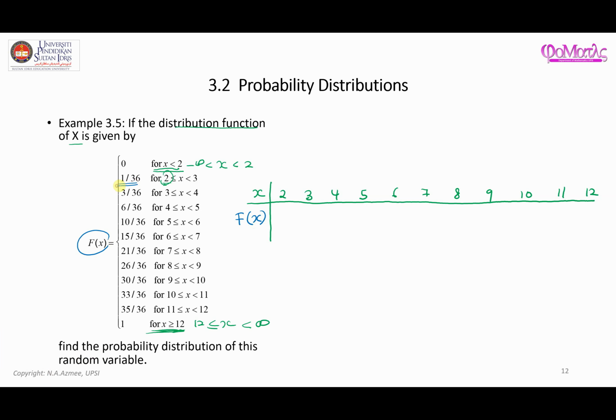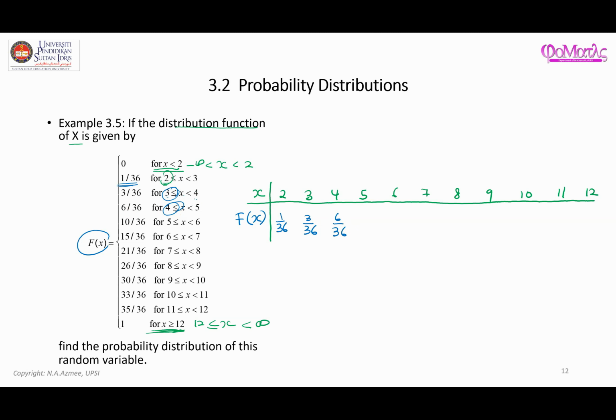So here is 1 over 36, between 2 but not including 3, so this is 1 over 36. When it includes 3, now it is 3 over 36, but it doesn't include 4. When it includes 4, now it's going to be 6 over 36.